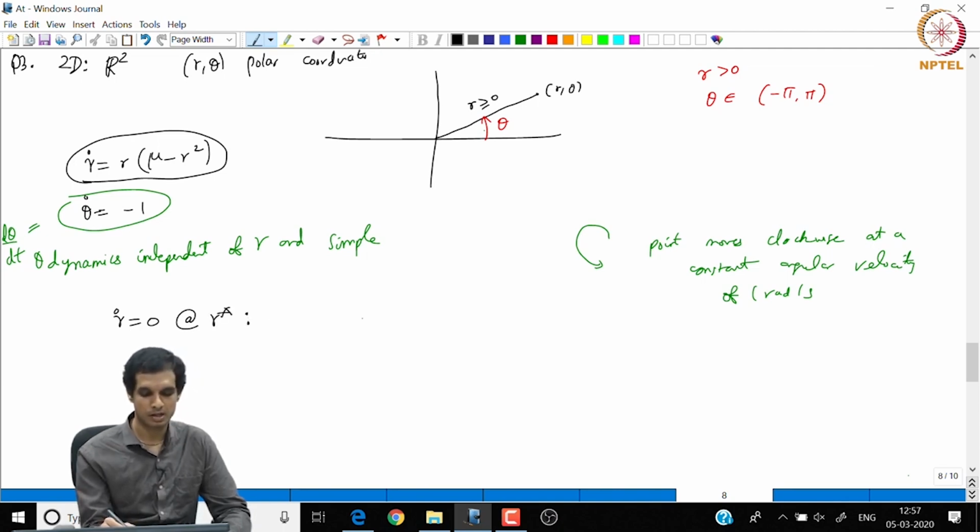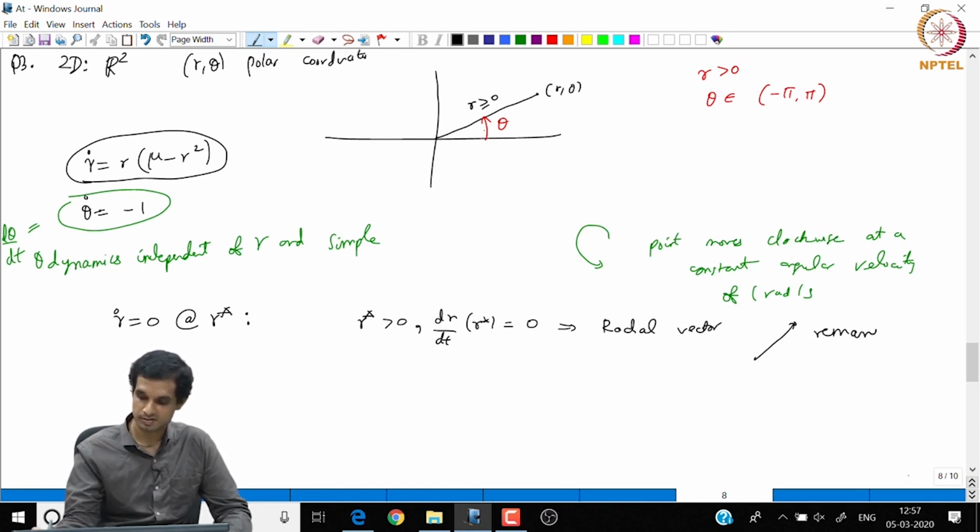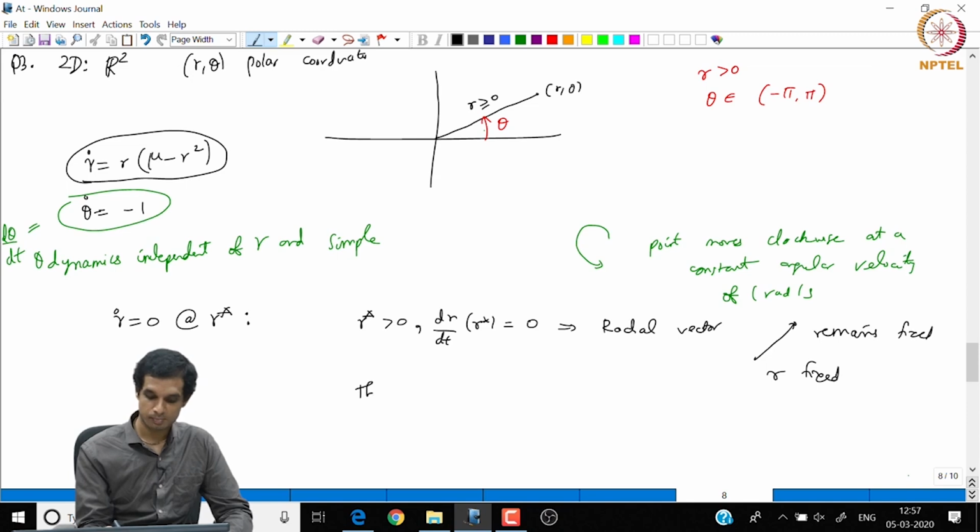What does this really tell us? When r star is positive and dr by dt at r star is equal to 0, this says that the radial vector joining the point to the origin remains fixed. So, r remains fixed.